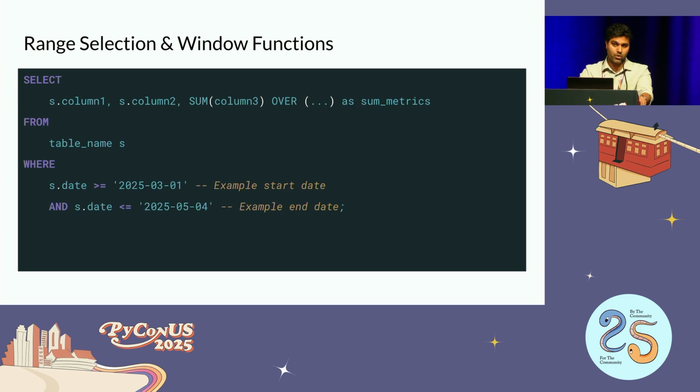In this example, I'm using a simple date, but in your scenario, it can be a specific range. Let's take an example. You're calculating sales value. If you do that and you don't provide a range, your backfills or even any other job is always going to be unpredictable because the context of the data that you select is not going to be consistent.